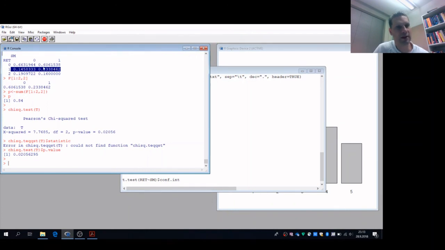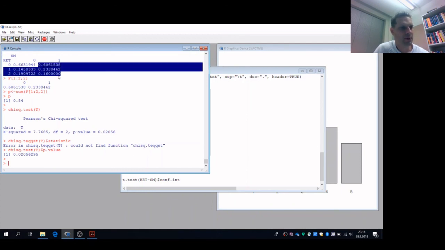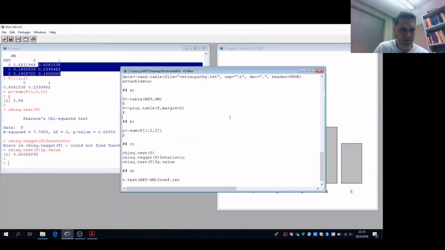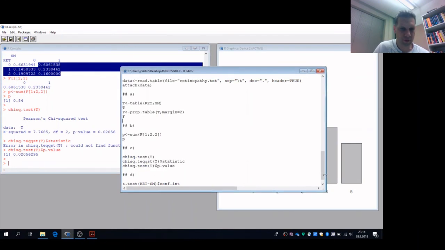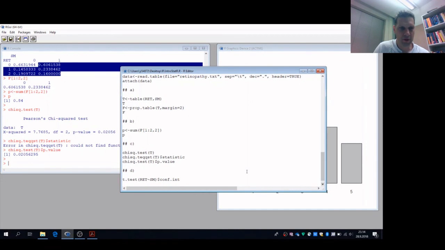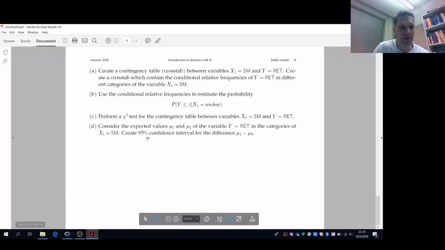We could do that in subpopulation 1, and in subpopulation 0 too. It might be of interest to consider these expected values. So maybe we should have exactly mu0 and mu1, related to the categories of smoker.